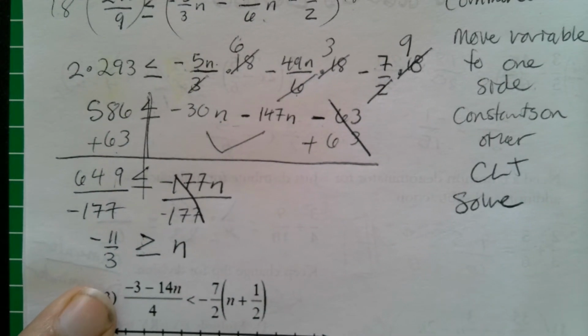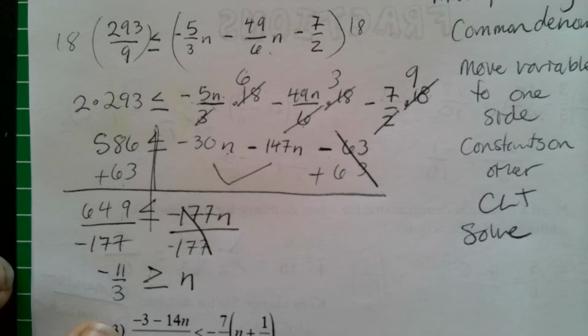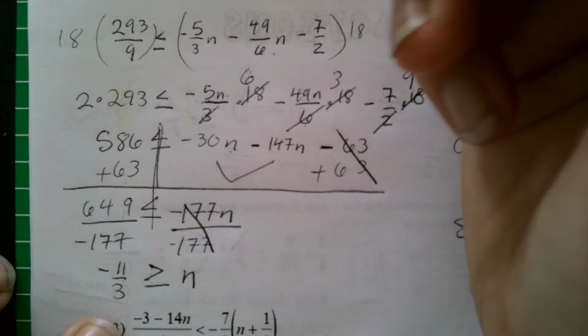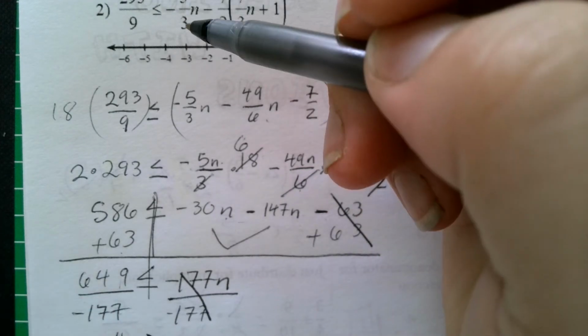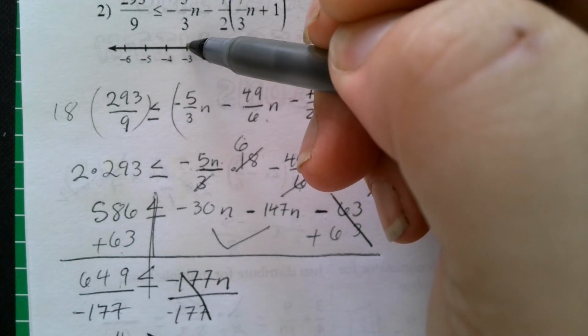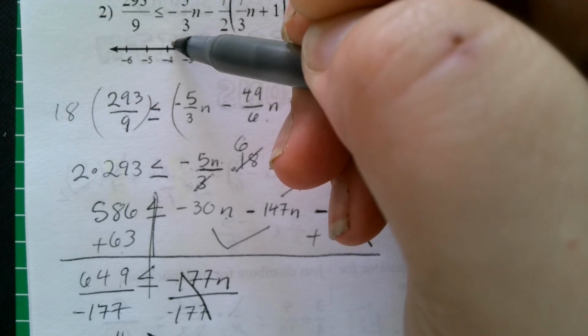Which two whole numbers is negative 11 over 3 between? What's 9 divided by 3? So it's going to be between negative 3 and negative 4, right? So is it closer to negative 3 or is it closer to negative 4? Negative 4 because it's almost 12, right?